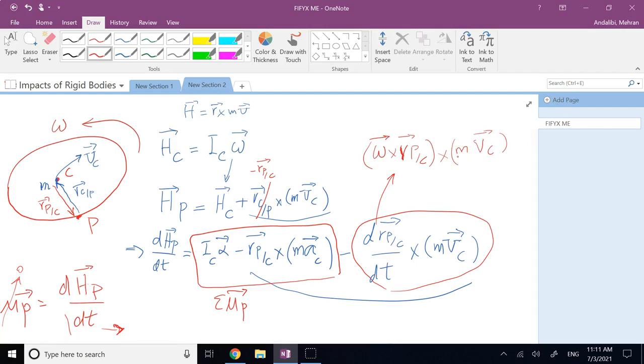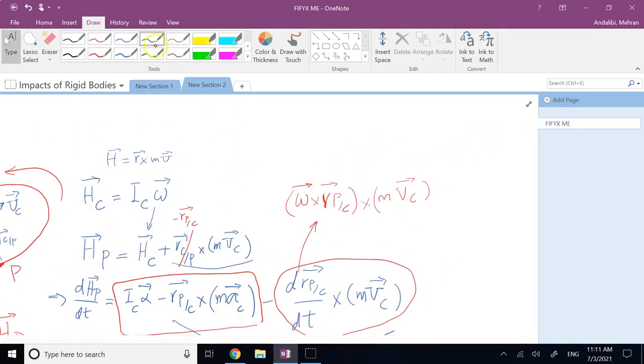Now, how can I write V of C in terms of V of P? You know that V of C can be written as V of P plus omega cross R of C with respect to P.